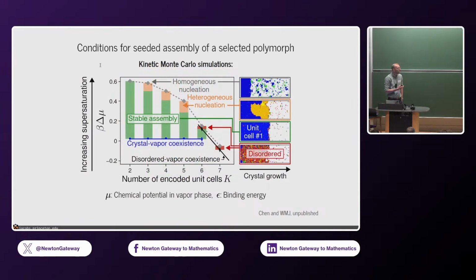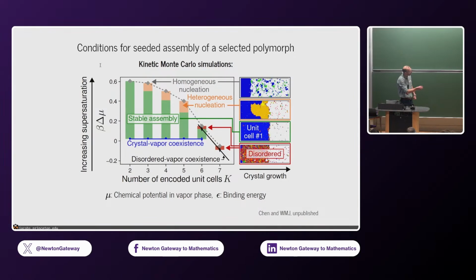If you actually do kinetic Monte Carlo simulations, we can create this assembly diagram that tells us the conditions under which you can get stable seeded growth. So again, what I'm doing is I'm inserting into the supersaturated mixture a particular seed of one of the encoded structures, let's say unit cell number 1, and then I'm watching it grow.